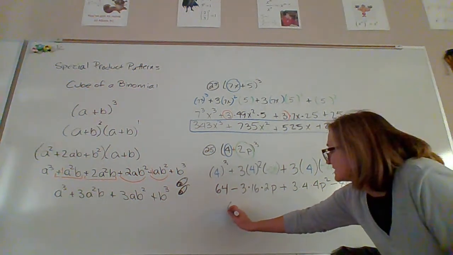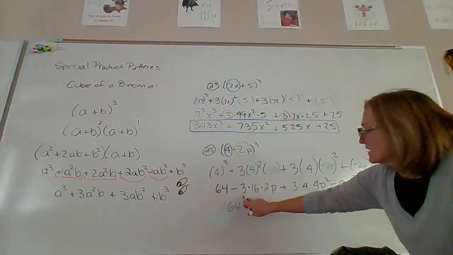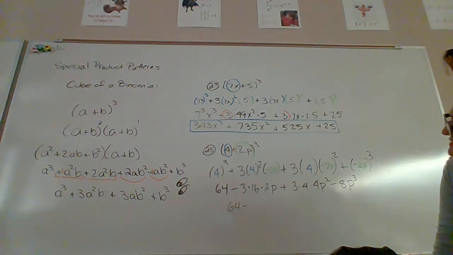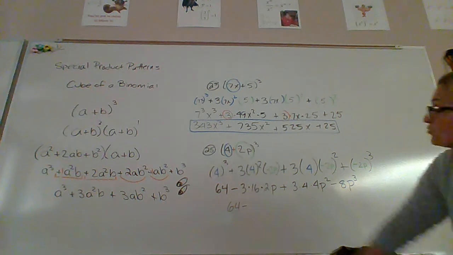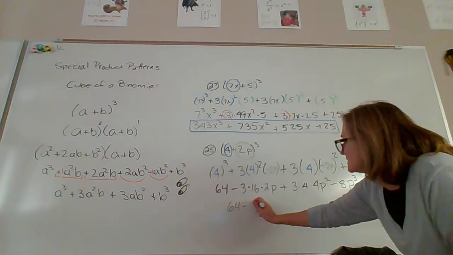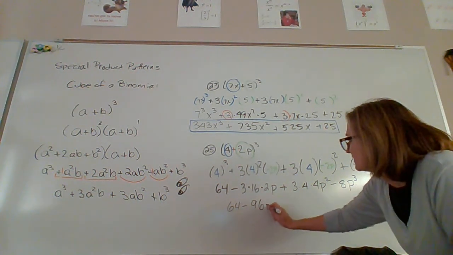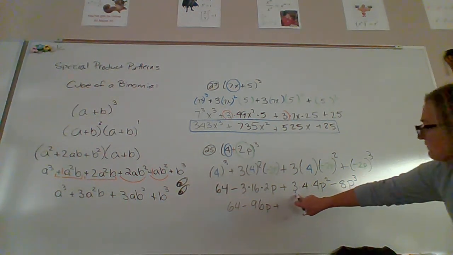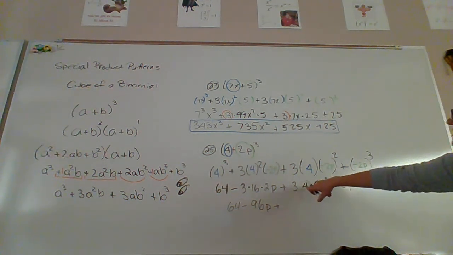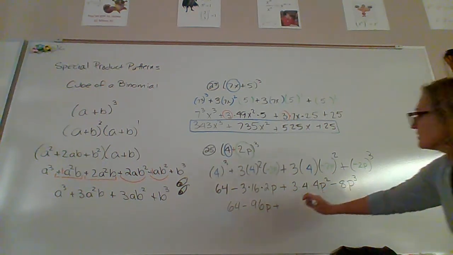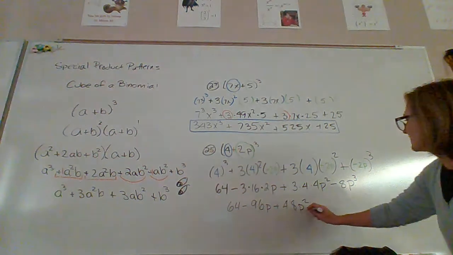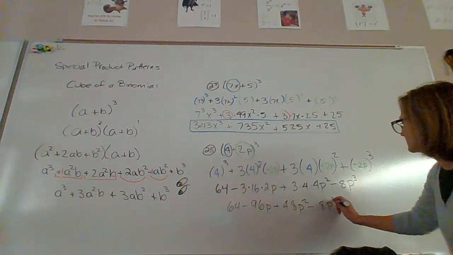All right, so we got 64 minus 3 times 16 is 48, and 48 times 2 is 96p. Once again, check my arithmetic and let me know if I messed something up. 4 times 3 is 12, and 12 times 4 is 48, p squared, and then finally minus 8p to the third power.